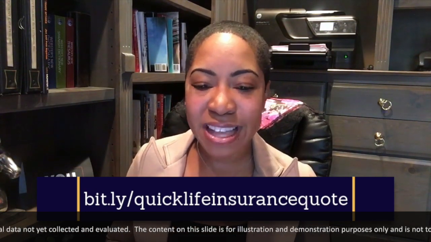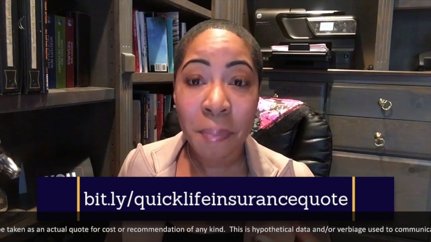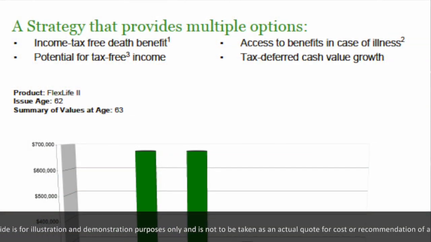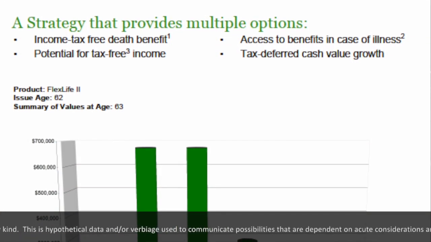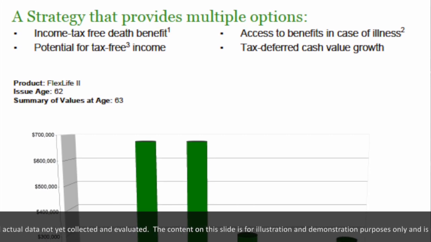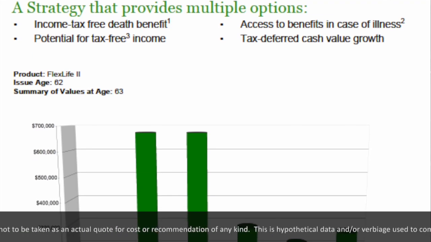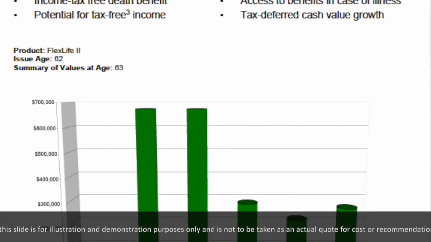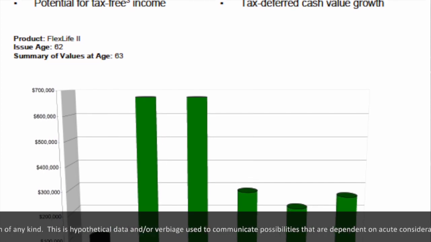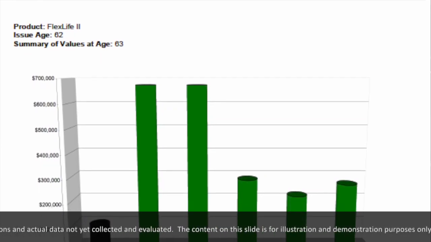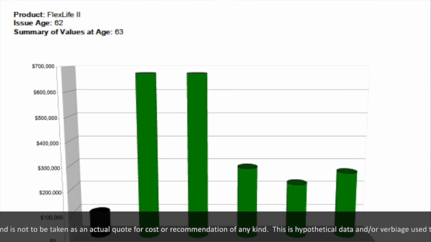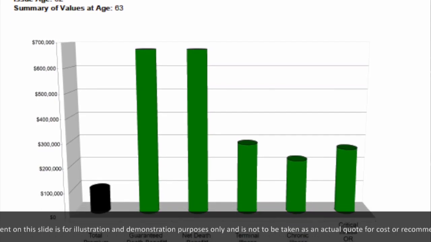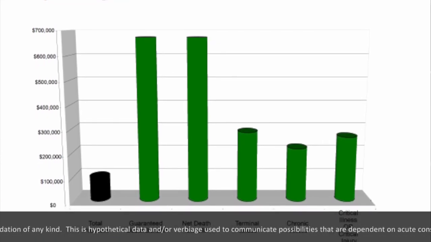If you go on to that next page, it's still talking about the multiple options that you can get out of a life insurance policy. What this does is it breaks down each benefit that's available, and it gives you a table, a chart that reflects what the cost versus the benefits are, and it's pretty appealing, especially looking at the guaranteed death benefit and the net death benefit in comparison to the total premium, which, remember, the premium is your cost.